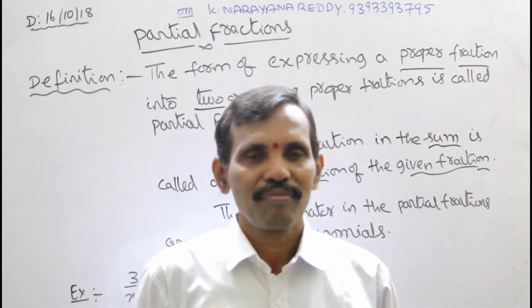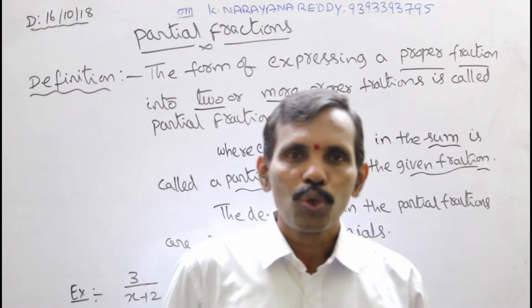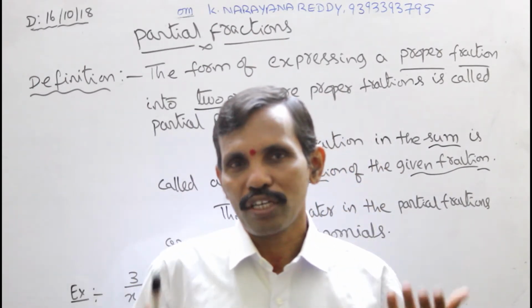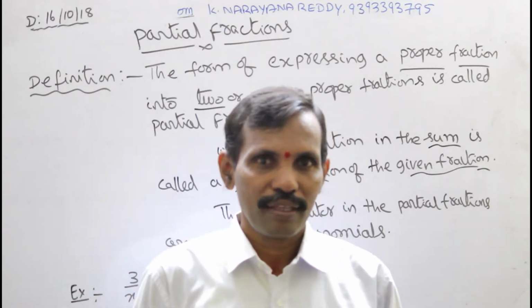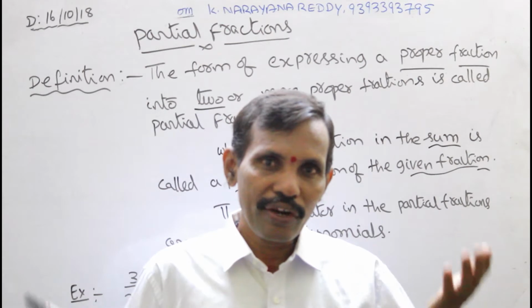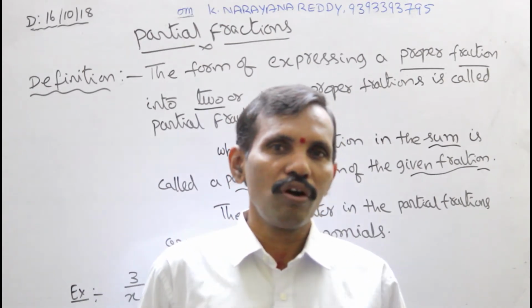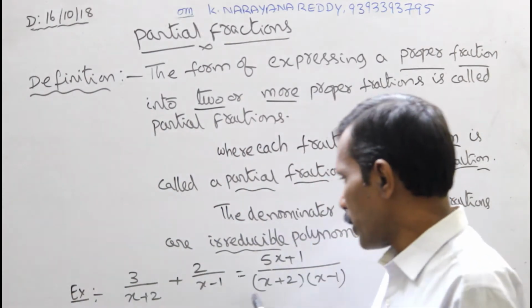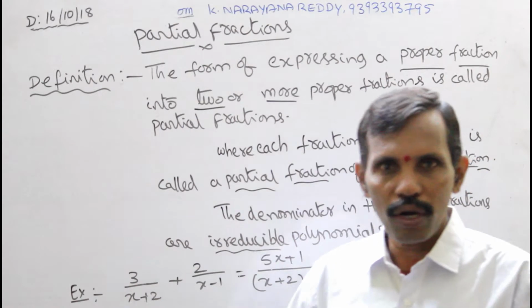A quadratic polynomial can be divided into a product of two polynomials. That is reducible. But when we reduce into polynomials that cannot be reduced further, those are called irreducible. For example, we can't reduce x plus 2 into a product of two polynomials.